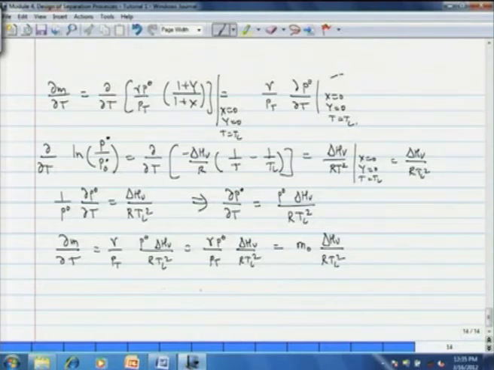Now, we substitute all partial derivatives. We now have a relationship of all variation of m with respect to capital X, capital Y and capital T or the temperature.